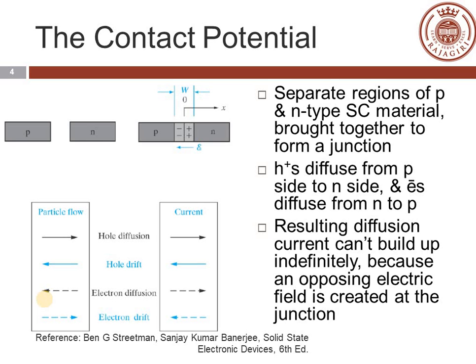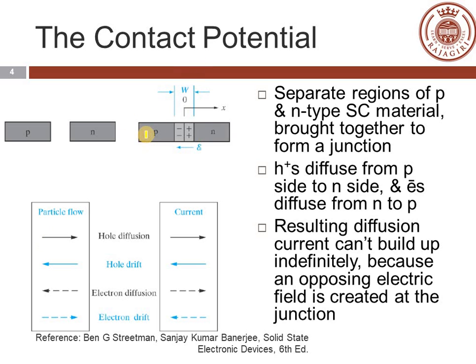Now correspondingly, we can draw the particle flow and resulting current directions. We know diffusion will take place from an area of higher concentration to lower concentration. The black components are diffusion components, and the blue ones are drift components.